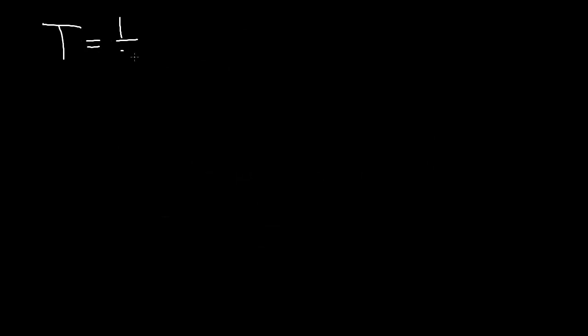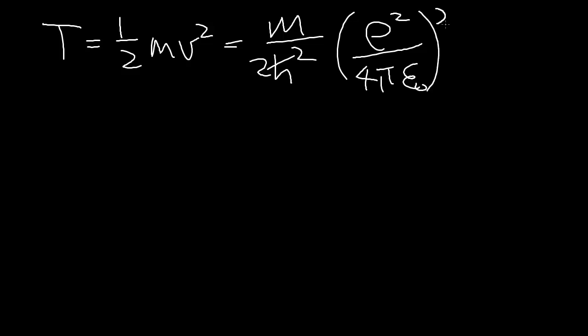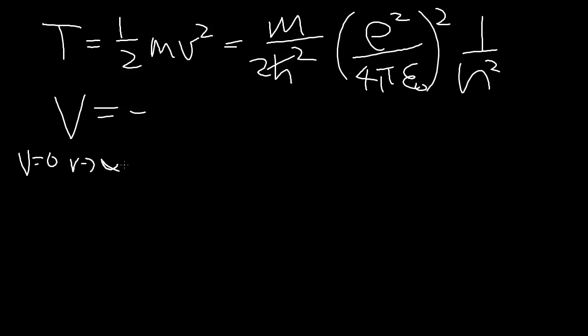And with these, we can work out both the kinetic energy and the potential energy. T is equal to 1/2 mv squared. For the potential energy, as long as we set the potential to be 0 at r approaching infinity as per normal, we have negative e squared over 4 pi epsilon naught r.